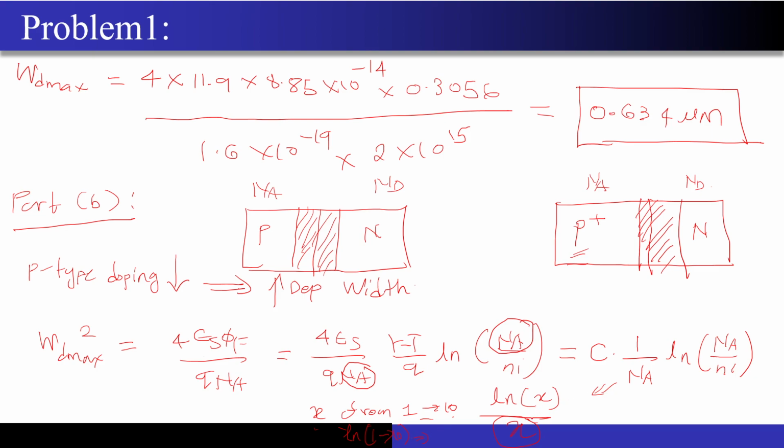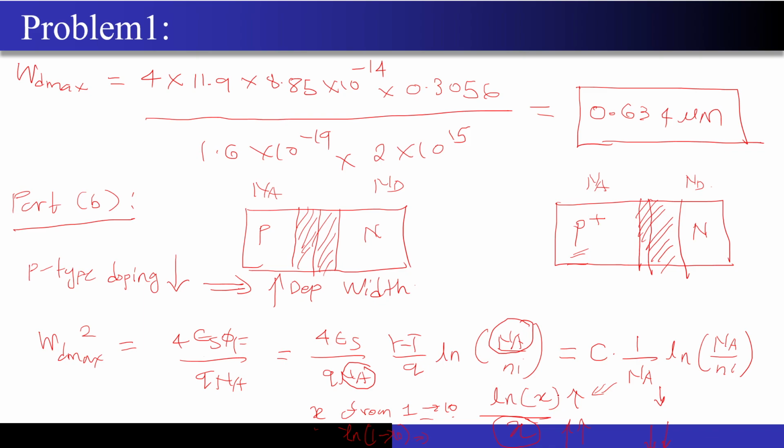So what does this mean? If I increase the value of x, the denominator will increase with a rapid speed compared to the numerator. And if I decrease the denominator by 10 times, then the denominator will actually decrease a lot, and your numerator will decrease by a very small value, right?